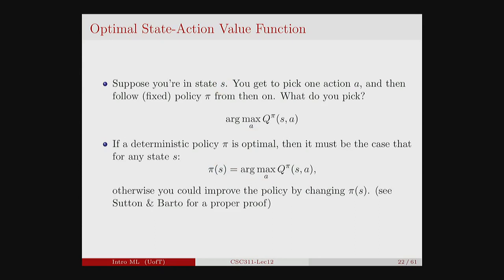So any questions about just this idea in general? We haven't yet talked about how to get to this notion of an optimal Q matrix, but we'll get to that.